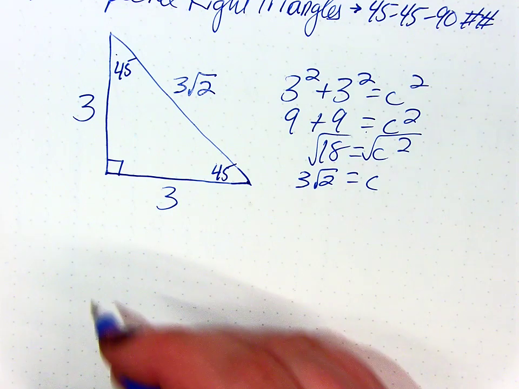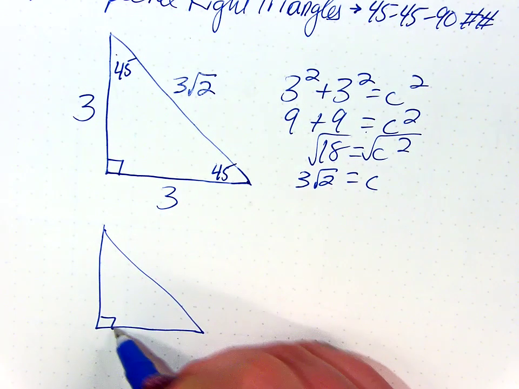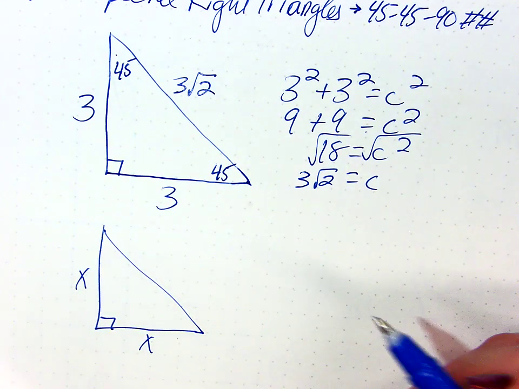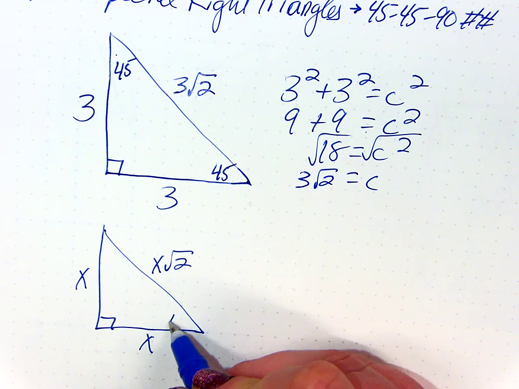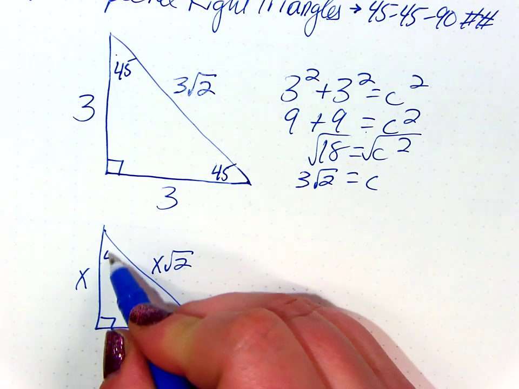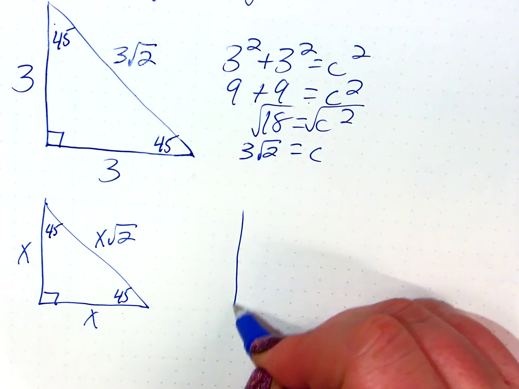So usually how we set up a generic one, we just set the side lengths as x, and then this is whatever x is times root 2, right? As long as these are 45s. Is this ringing a bell? You remember this from geometry? Okay, cool.